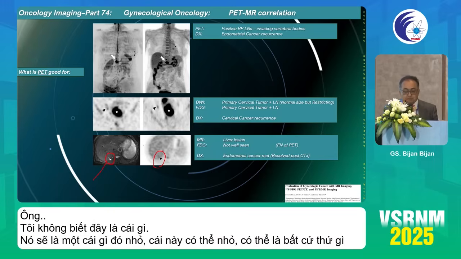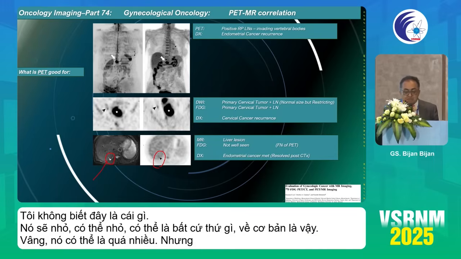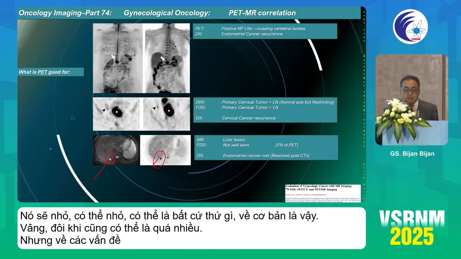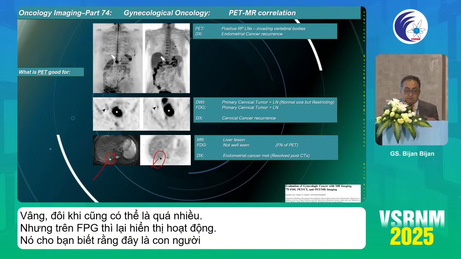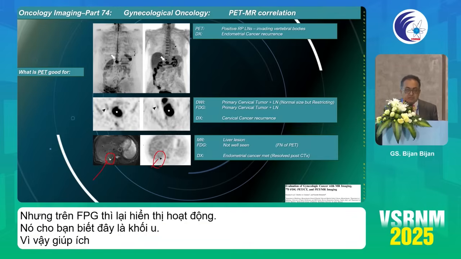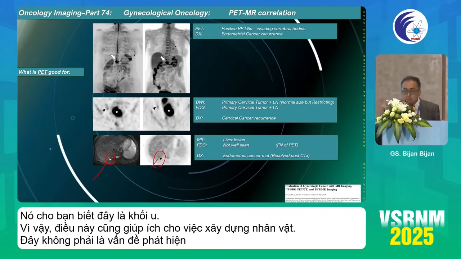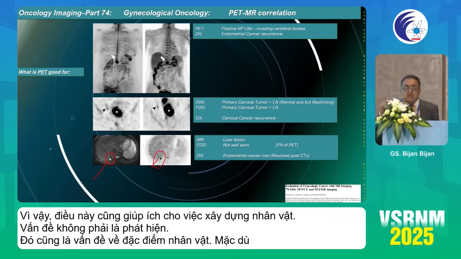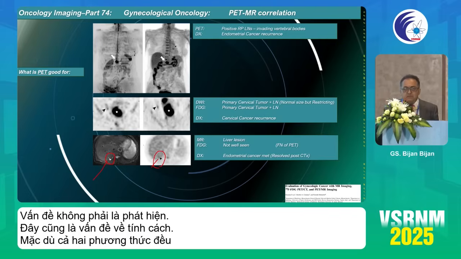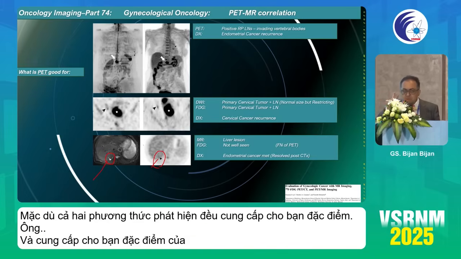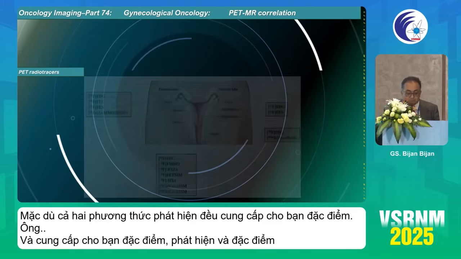Yes, it can be tumor too, but on the FDG, it shows activity. It tells you that this is tumor. So this helps also with characterization. It's not only a matter of detection, it's also a matter of characterization. Although both modalities detected, PET gave you the characterization. MR didn't. So detection and characterization are two different animals.